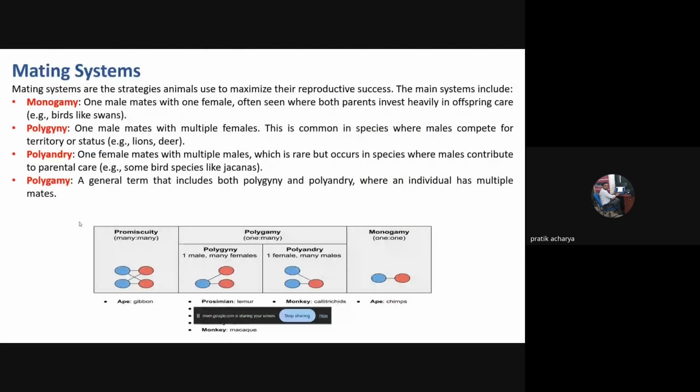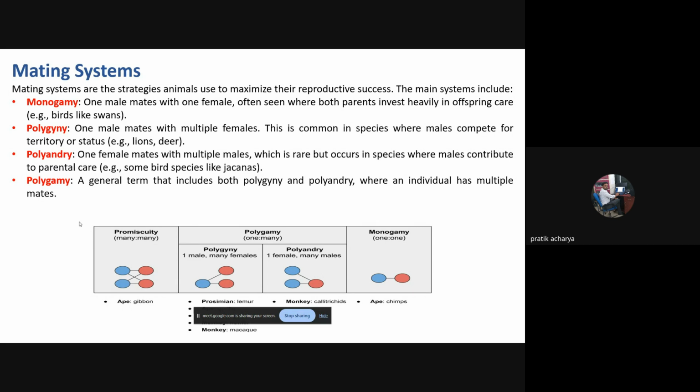Mating system. Which kind of mating system do we generally find in animals? These mating systems are strategies animals use to maximize their reproductive success. So which kind of mating system do they follow? Monogamy, polygyny, polyandry, and polygamy.